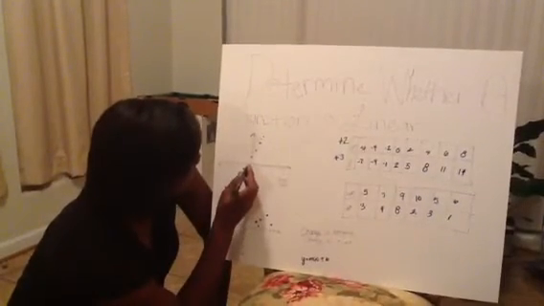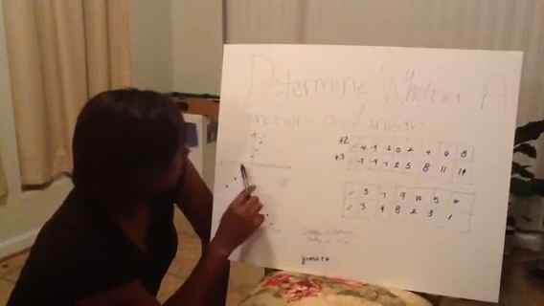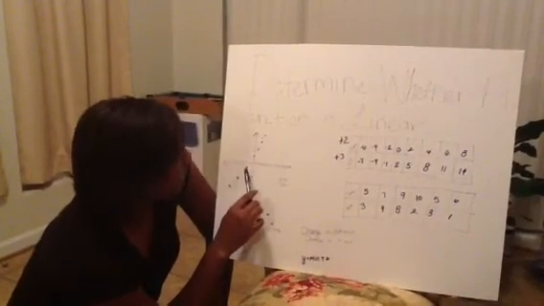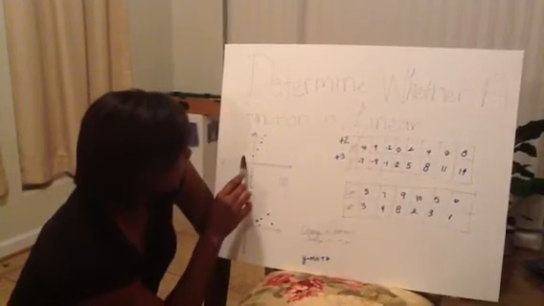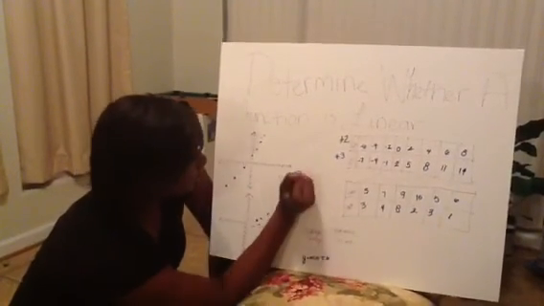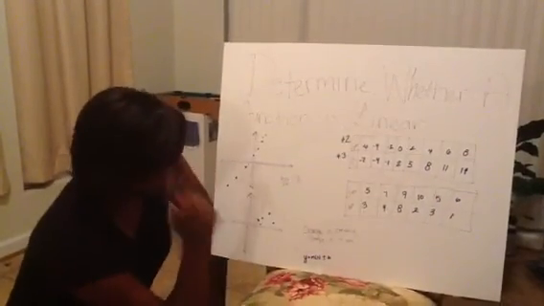So I'm going to take this one, -2, -1, and 0, 2. You go up 1, 2, 3, and over 2. So the slope is 3 over 2.